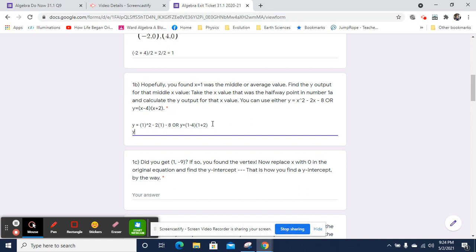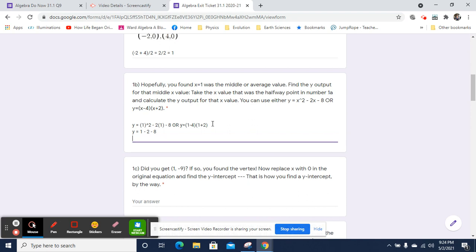So if we use the left version, the expanded version, 1 squared is 1. 2 times 1 is 2, so -2 minus 8. Okay, and that's just going to be y equals -1 minus 8, which is -9.